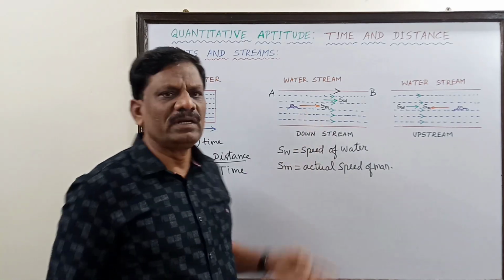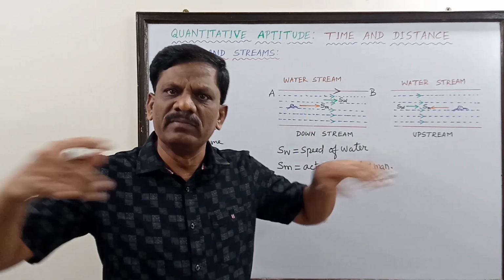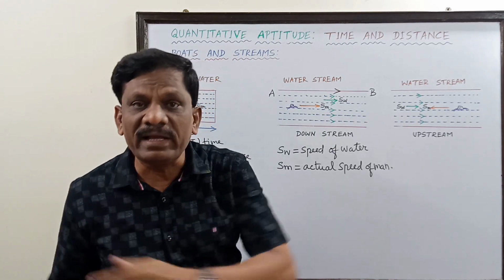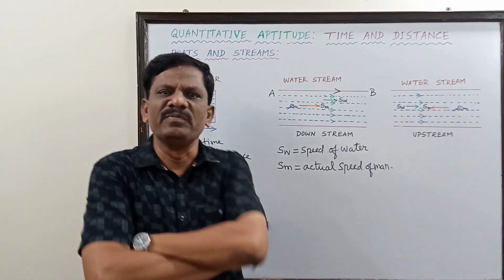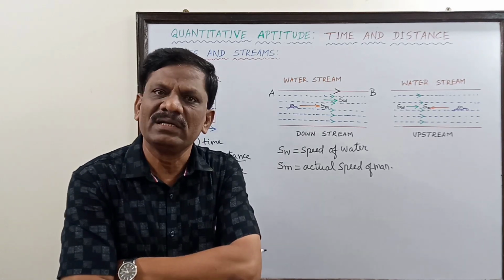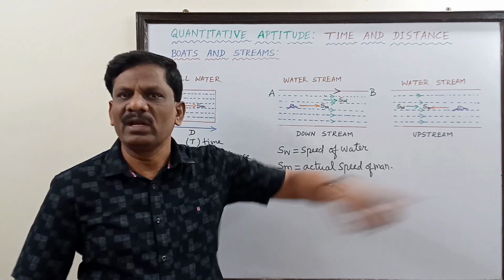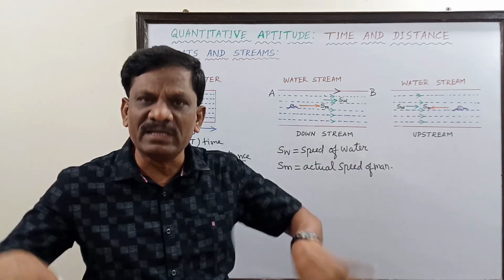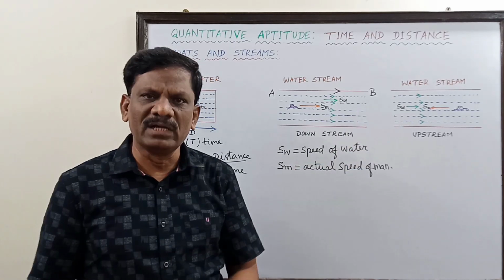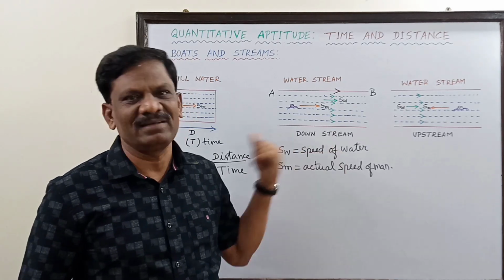But even if you don't swim, you will be carried away by the water with its speed. Suppose the man has stopped swimming, will he move or not? Certainly he will move along the direction of the water. And with what speed will he move if he doesn't swim? His speed will be equal to that of the water.